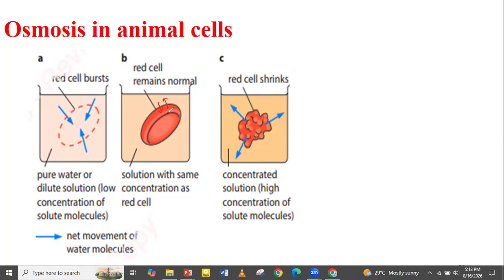Otherwise, if it has a higher water potential, water will move from the tissue fluid into your cells, and then your cells will end up bursting. At the same time, if it has a lower water potential, your cells are going to lose water to that tissue fluid, and they are going to end up shrinking. And once they are shrunk, their functioning is going to be affected.